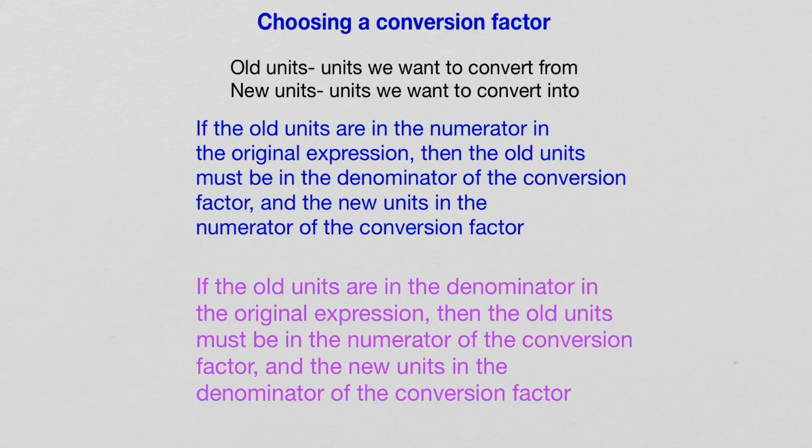The second rule states that if the old units are in the denominator in the original expression, then the old units must be in the numerator of the conversion factor, and the new units in the denominator of the conversion factor.